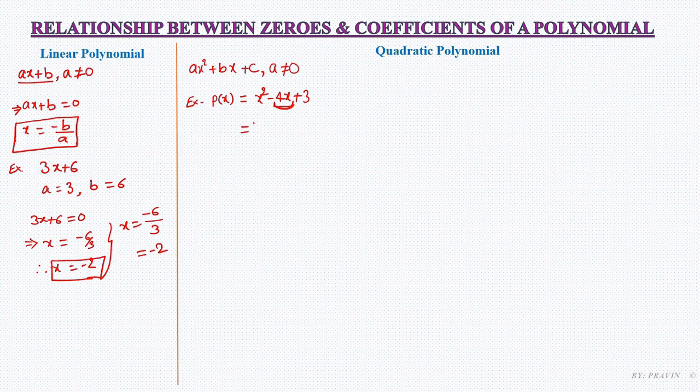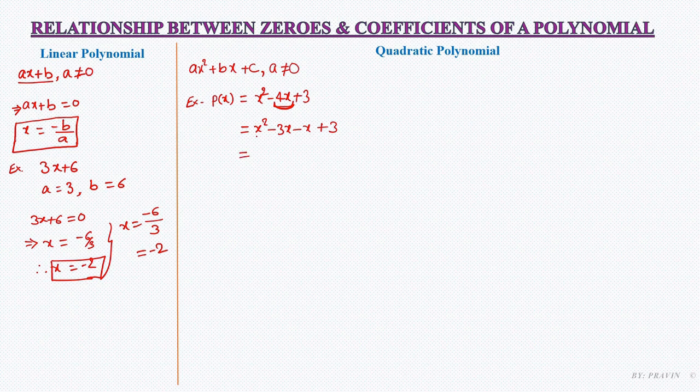So let's try to split its middle term. So x square minus 3x minus x plus 3. Basically what I have done here is split 4x into two terms, that is minus 3x and minus x.